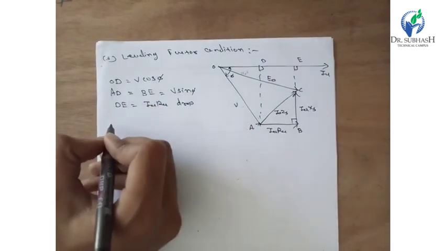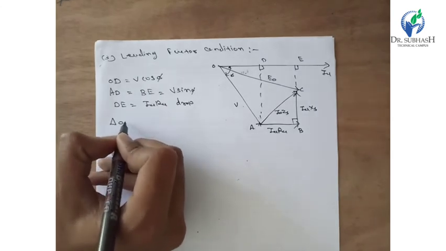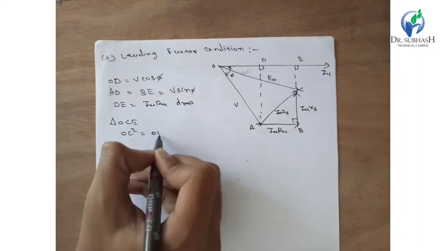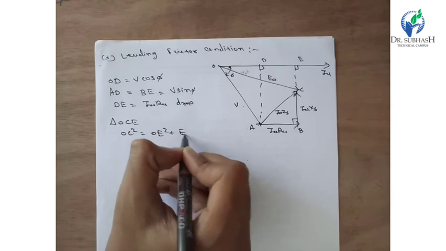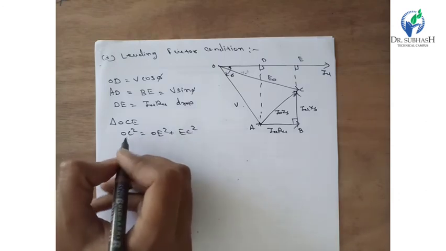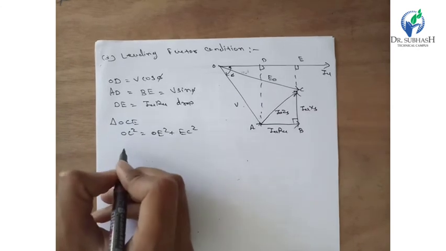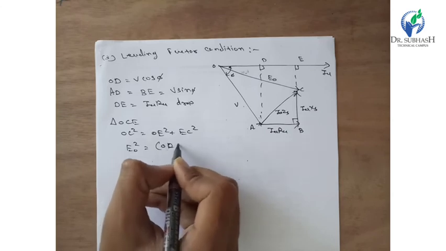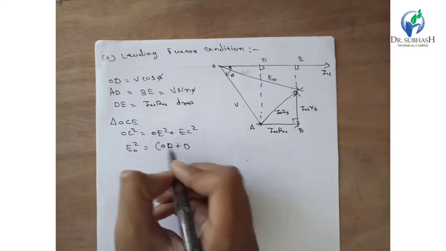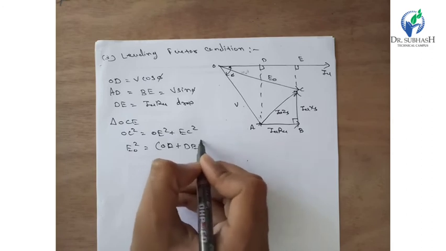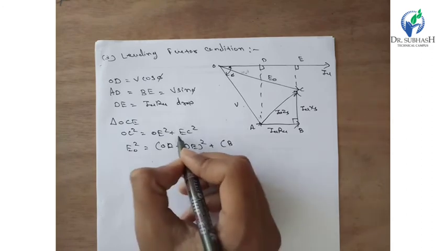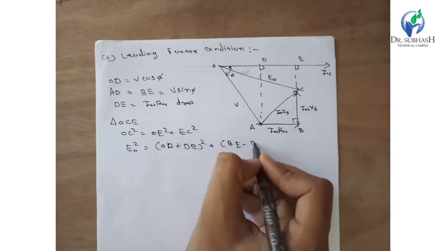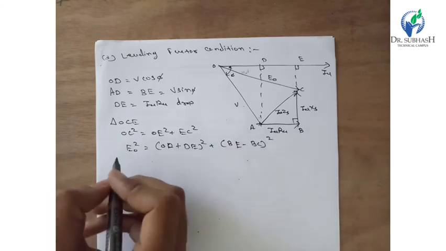In triangle OCE, OC square is equal to OE square plus EC square. OC square is E0 square, and OE is OD plus DE, so OE square plus EC square is (OD plus DE) square plus (BE minus BC) square.